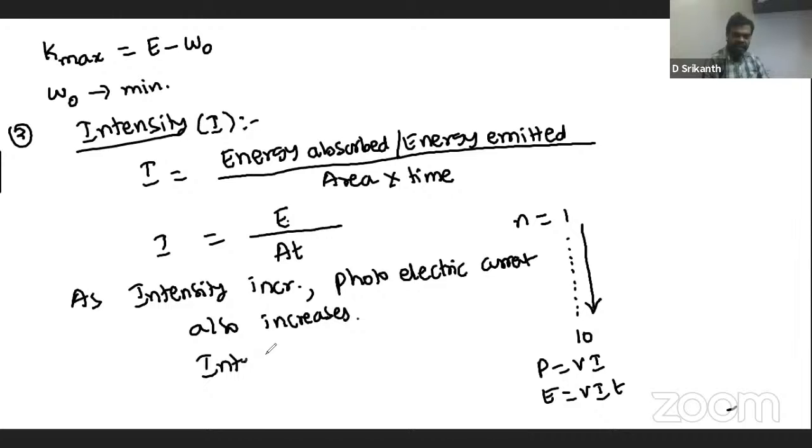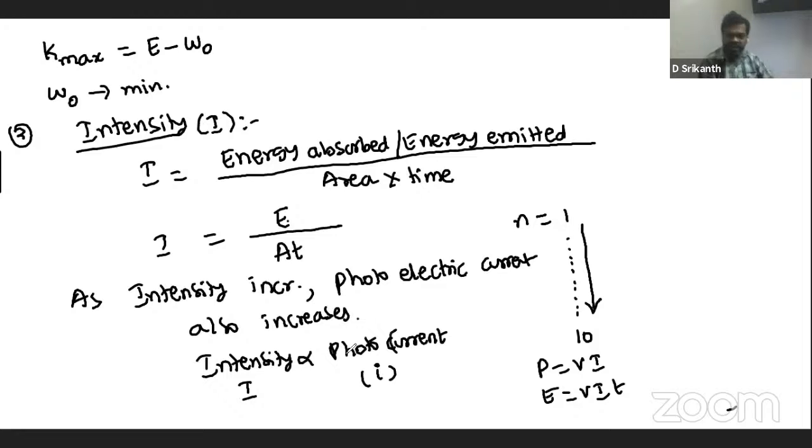Intensity is directly proportional to current or photocurrent. Photocurrent I will indicate with small i, and this one I will indicate with I. As the incident frequency increases, photocurrent increases. As photocurrent increases, intensity will also increase.